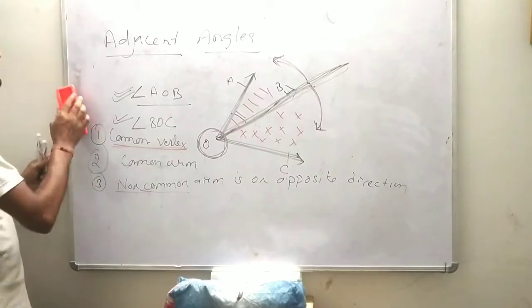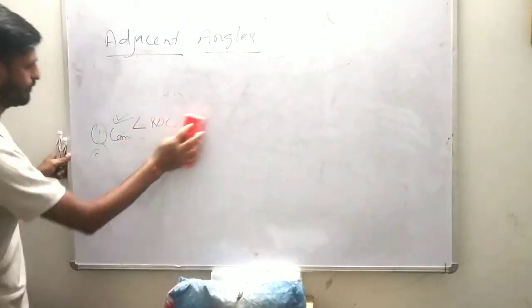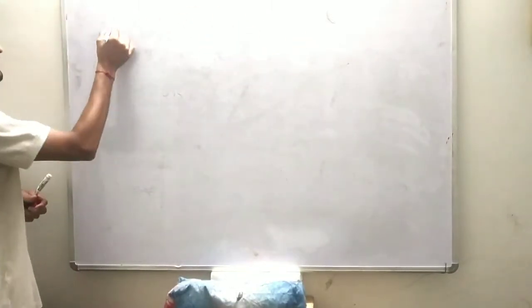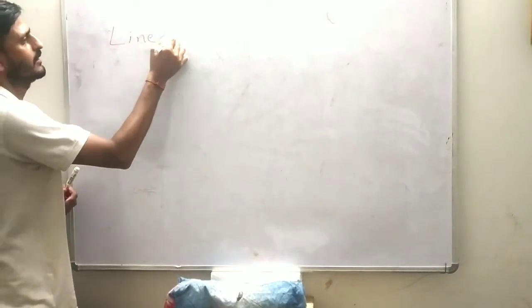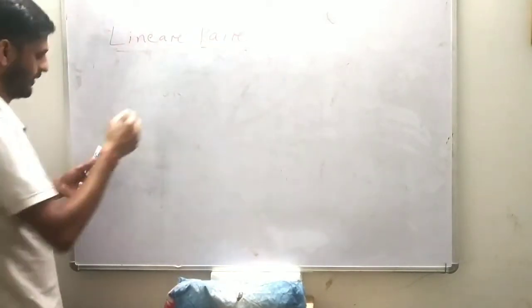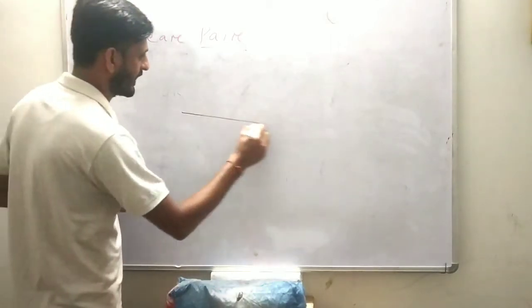Now let us go to the next point, that is linear pair. What is a linear pair? Suppose we take two adjacent angles.